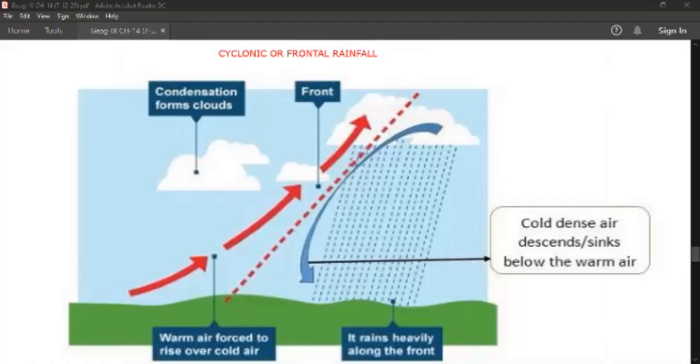The third type of rainfall is cyclonic or frontal rainfall. This type of rainfall is due to cyclones and depressions.